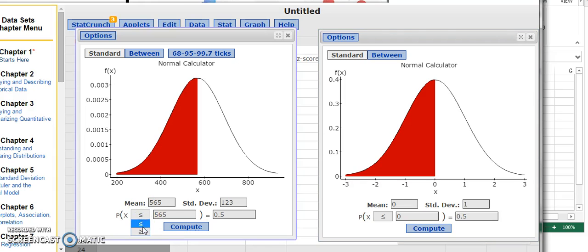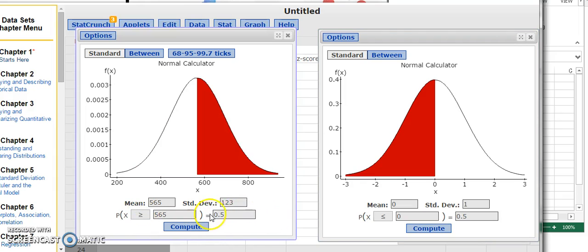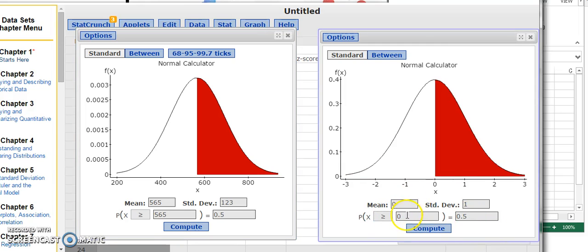If you flip to the greater sign, it's still 0.5, and the z is still 0. So actually, when the value is equal to the mean, you don't have to do anything. Just know that it's 0, because in the z normal distribution, the 0 is in the middle, and in your distribution, the mean is in the middle. Those two numbers correspond. So the mean must have a z-score of 0.